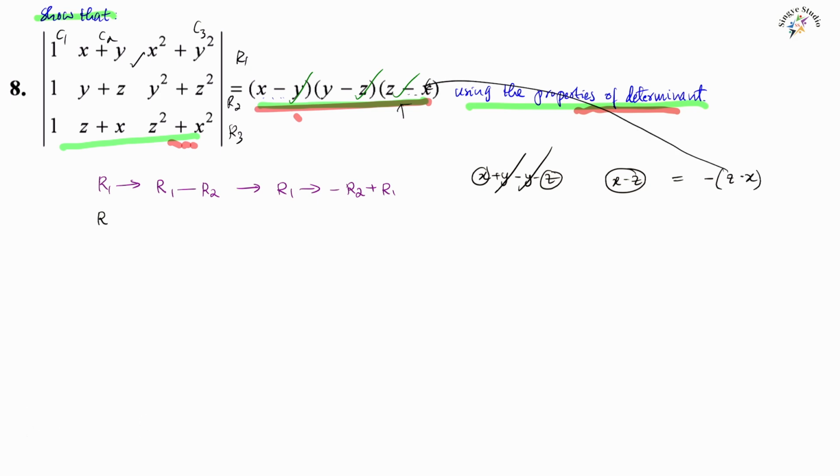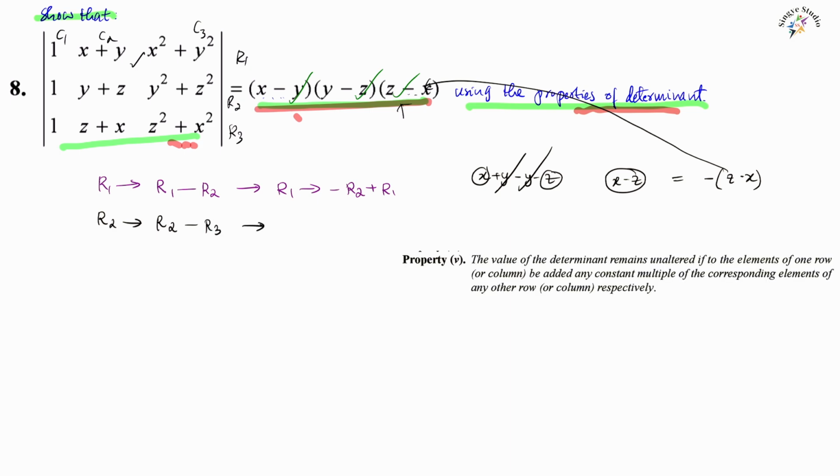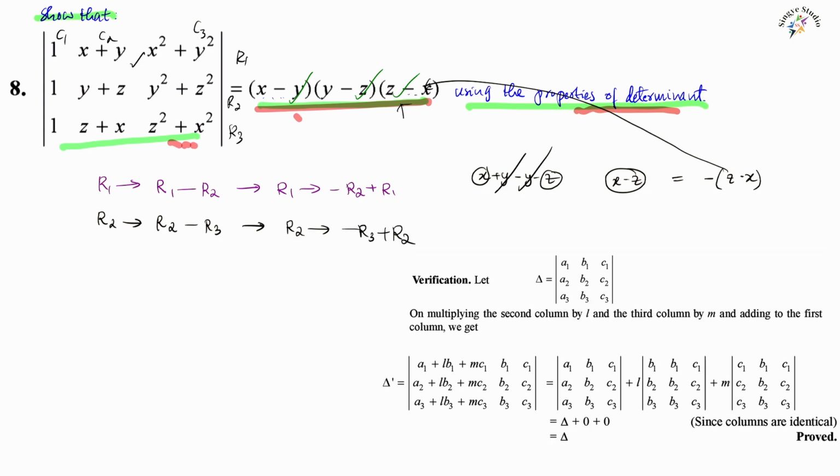And if I perform row 2 by subtracting row 3 from row 2, which is the same as operating minus of row 3 and adding to row 2, then for this factor I will get y plus z minus x.